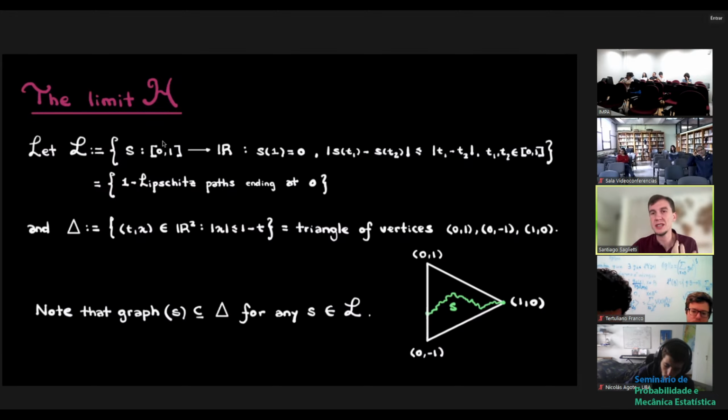What this triangle represents somehow is the space where the graphs of all paths here actually live. So if you take a path here and you draw its graph, then because it needs to end at this vertex right here, and it needs to be 1-Lipschitz, essentially its graph needs to be contained in the triangle.